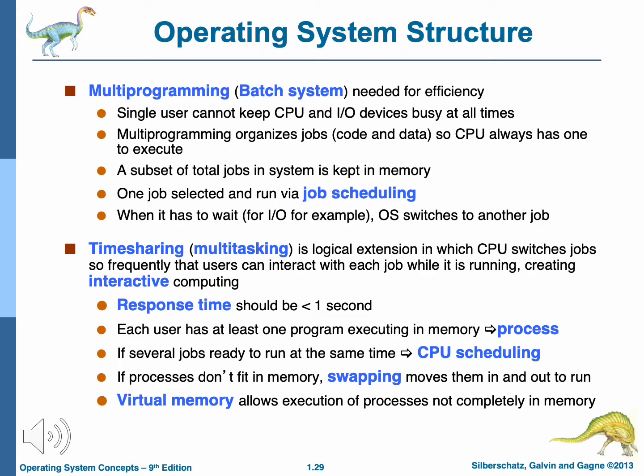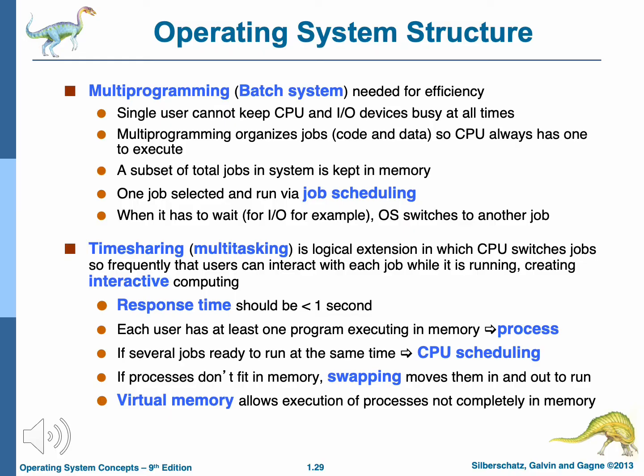The idea is as follows. The operating system keeps several jobs in memory simultaneously. Since in general main memory is too small to accommodate all jobs, the jobs are kept initially on the disk in the job pool.